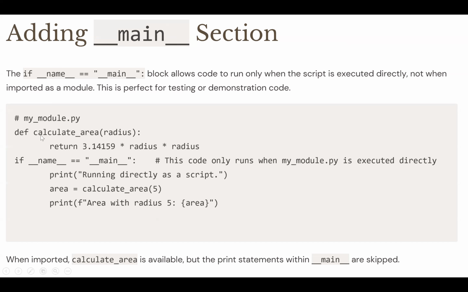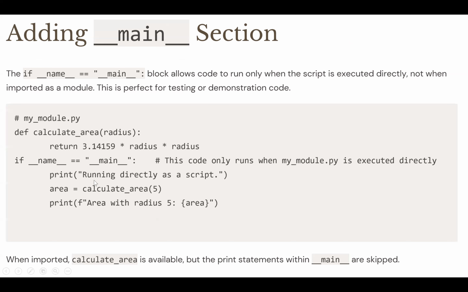Okay, here is my module.py, which contains the function calculate underscore area with the radius. It returns 3.142, that is the pi value, into r into radius into radius. If the name attribute is set to main, then your code only runs when my module.py is executed directly.